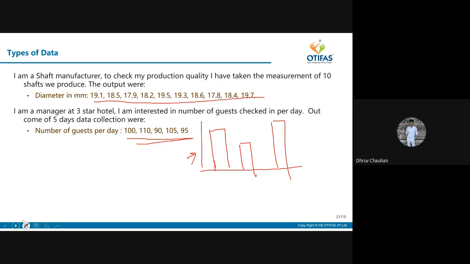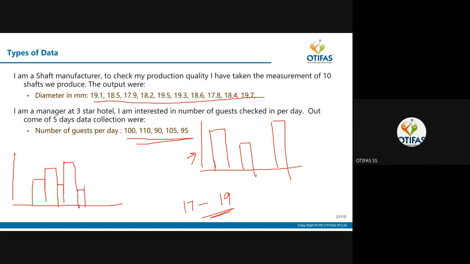No, it will be a scatter chart. But still you can try to have a bar graph, or you can put this in a histogram. Suppose I say 17 to 19, how many numbers are there? The frequency is 2 numbers. So something like this you can make.